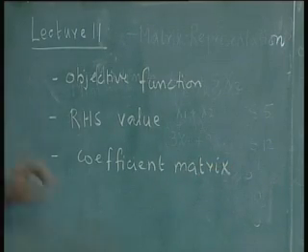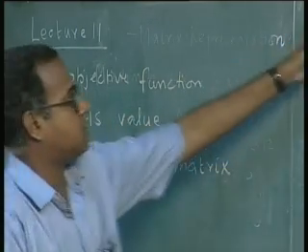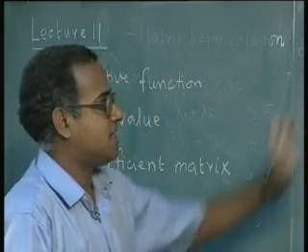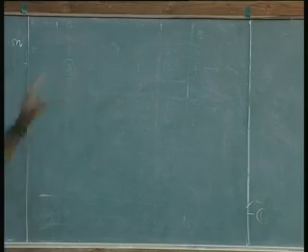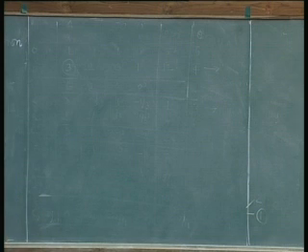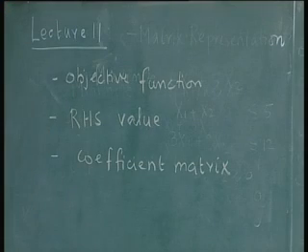In the simplex table, the objective function value comes at the top, the right hand side values are shown here, and the coefficient matrix is shown in this way. Let us assume that we have a linear programming problem that we have just solved.